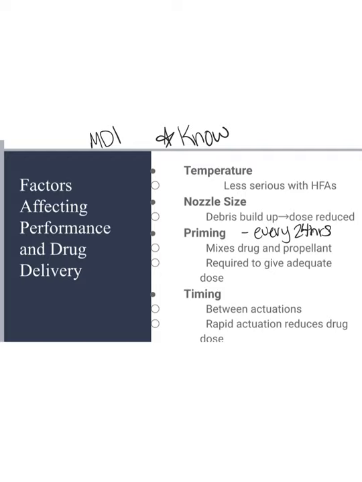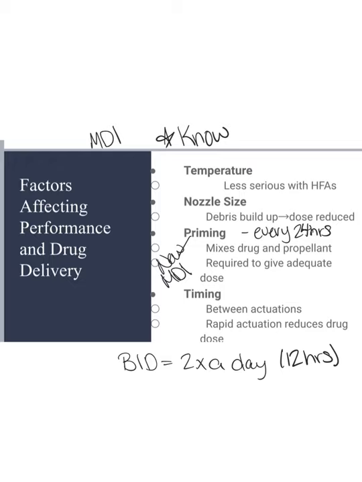If you have a patient that uses an MDI BID, remember BID equals twice a day, and so that's every 12 hours, they wouldn't need to prime that unless it was a new MDI. So prime every 24 hours and for new MDIs.